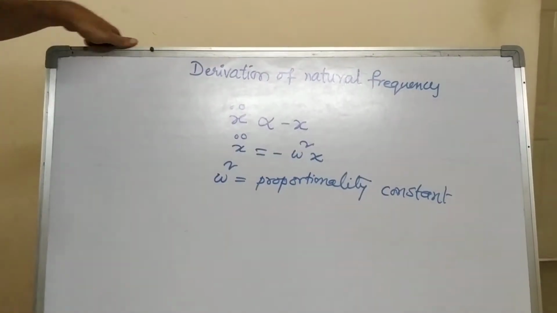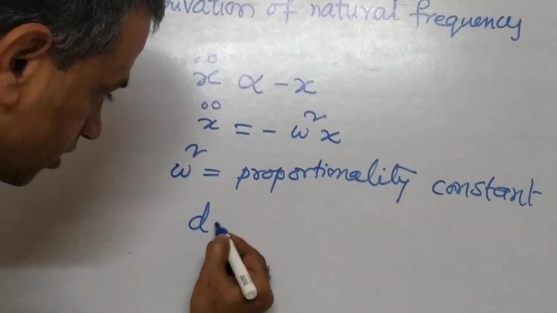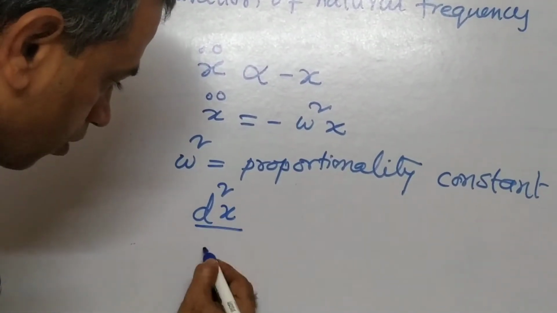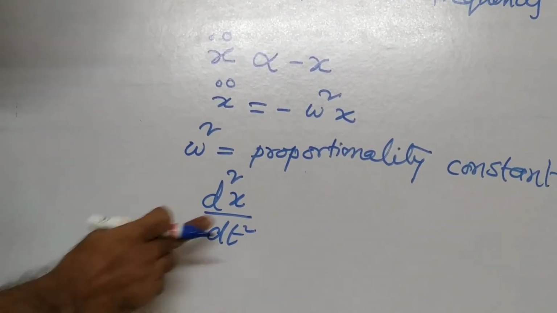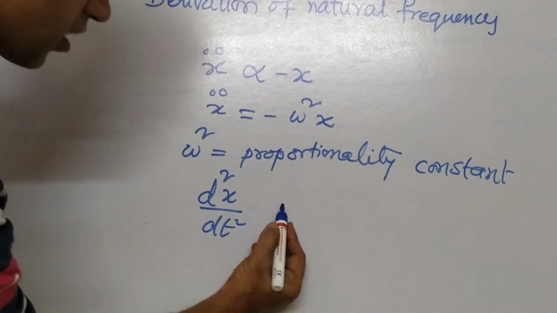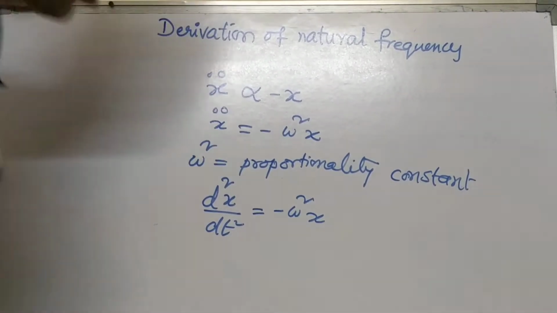Okay. Then this x double dot can also be written as d square x by dt square. Displacement double derivative is nothing but your acceleration, which is equal to minus omega square x.